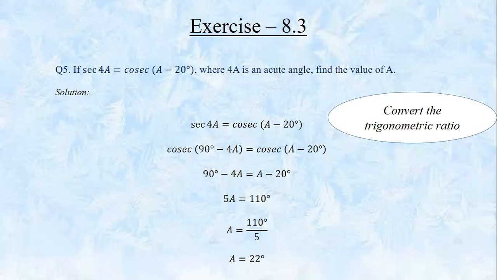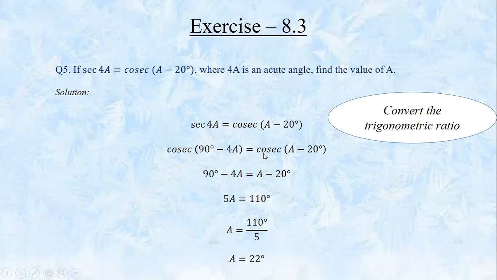Let us see one more question of the same type. If sec 4a is equal to cosec a minus 20, where 4a is an acute angle, find the value of a. Sec 4a is equal to cosec a minus 20. It's already given to us. Now, we change the trigonometric ratio, keep the angle intact. So sec becomes cosec 90 minus 4a equal to cosec a minus 20.